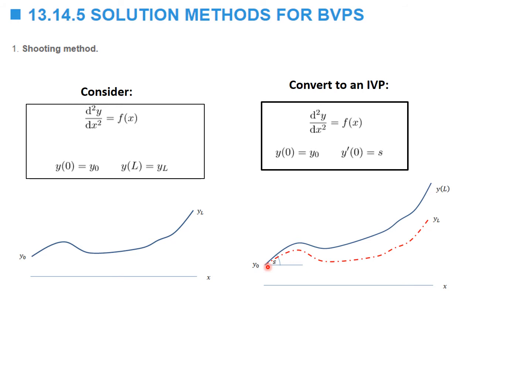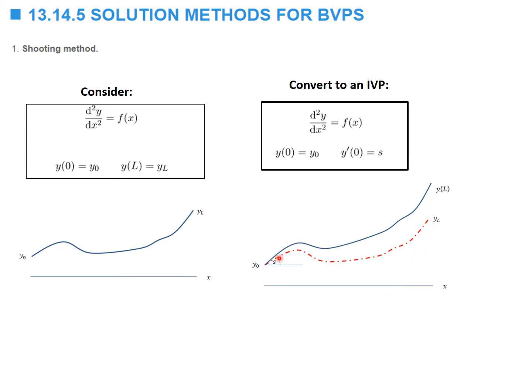And so if we convert this into an initial value problem, we know y0, and we would assume a value s for the derivative. When we assume a value for the derivative and we solve, the curve that we obtain would not necessarily, at the end, have a value of y equal to the boundary condition y sub l.